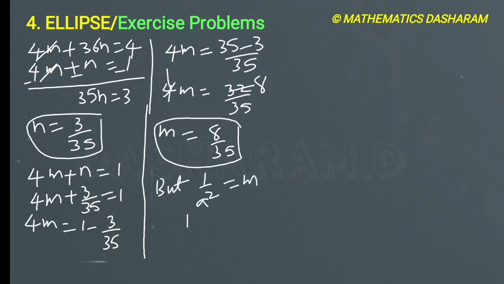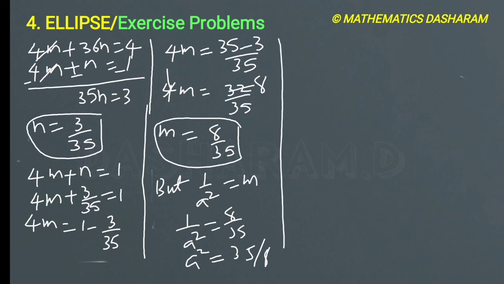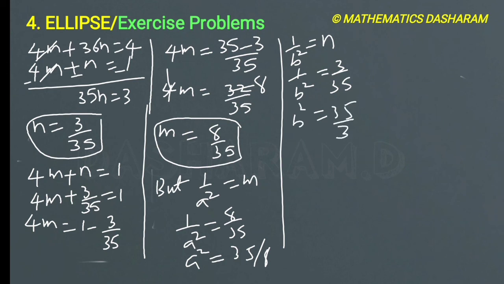So then 1 by a square equals m value 8 by 35. So then a square equals 35 divided by 8. Next, 1 by b square equals n. So 1 by b square equals n value 3 by 35. So then b square equals 35 divided by 3.